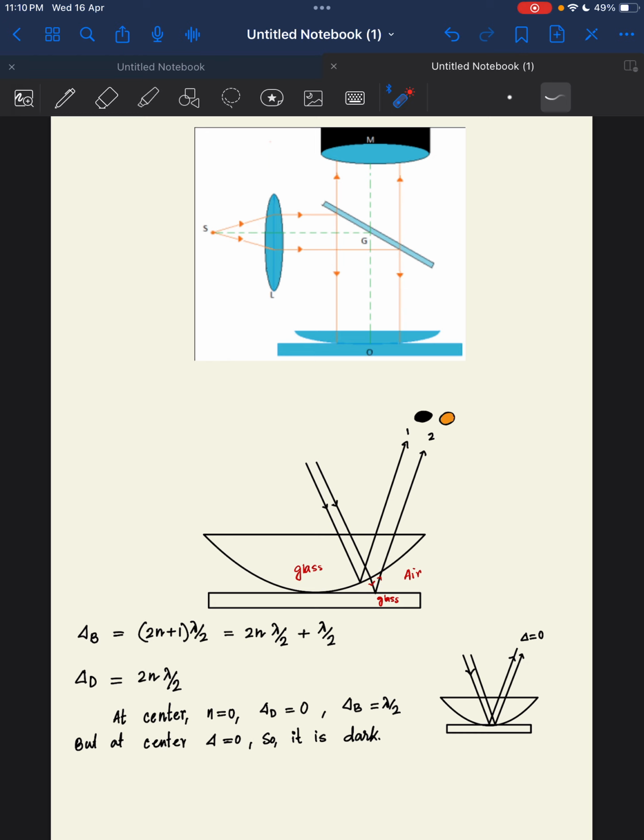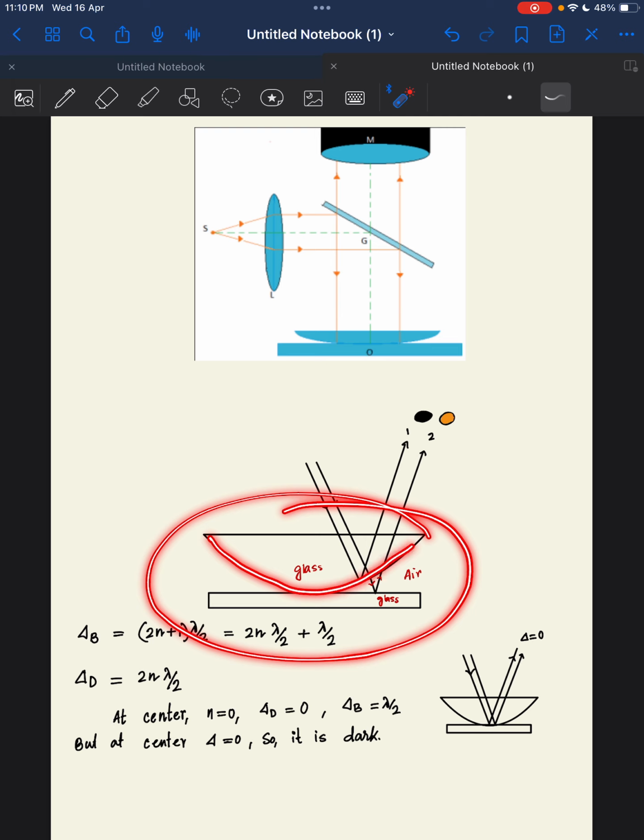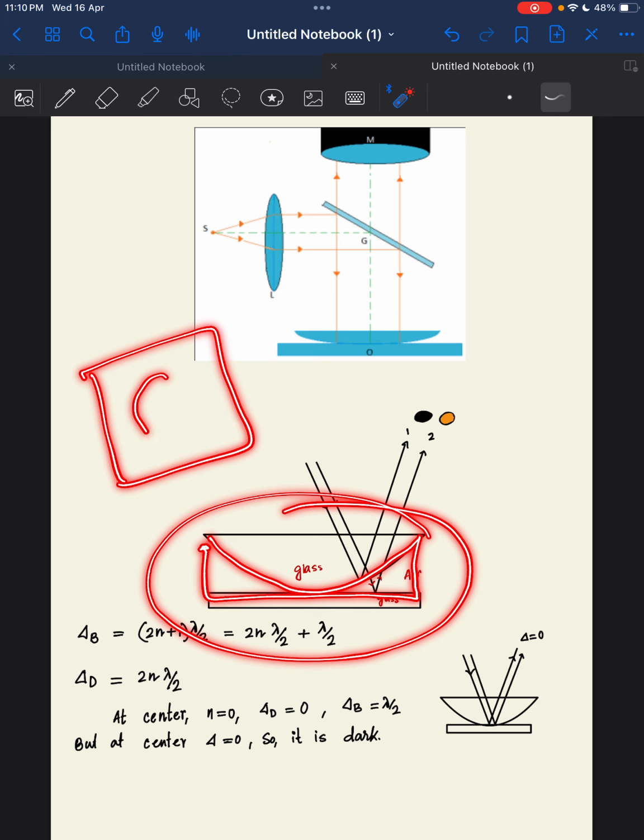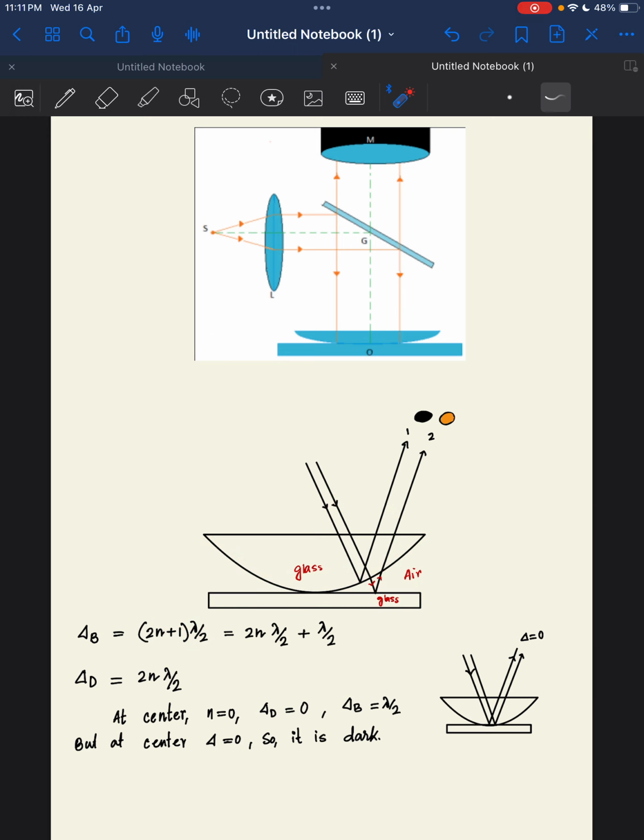Now if you understand this, let us imagine this whole structure, this shape, in 3 dimensions. If you imagine this in 3 dimensions, there is sand and you press a metal sphere. What will you have? You will have a spherical cavity or hemispherical surface. So this shape is nothing but a hemispherical shape. So light rays at a particular position, let's say from this center to this particular height, these rays are formed. At the same time, at the same height, the same interference pattern will be formed from here.